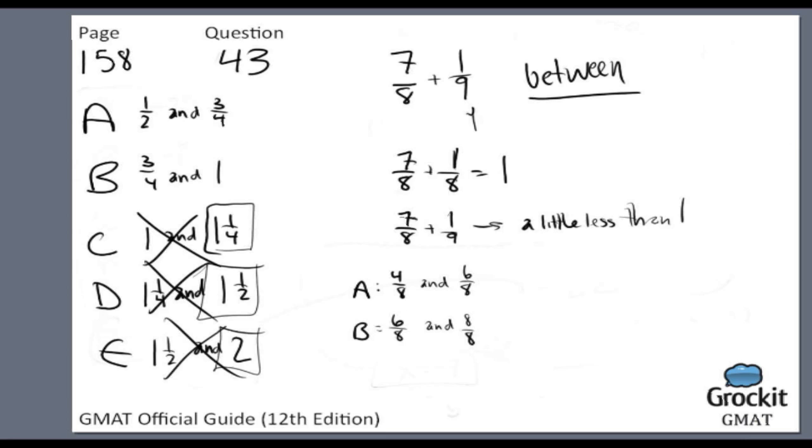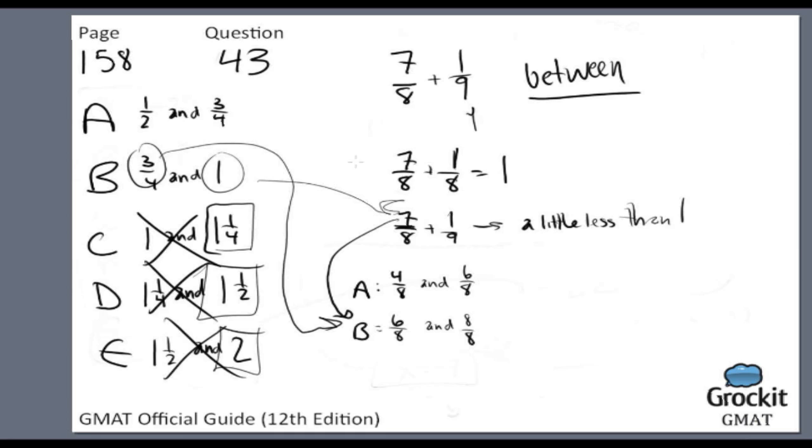So of these, 7/8 is actually a little bit too big for choice A. 6/8 is just a little bit further outside the range than 7/8. So just as 1 is closest to this part of the equation, 3/4 is closest to this part of the equation, the 7/8.